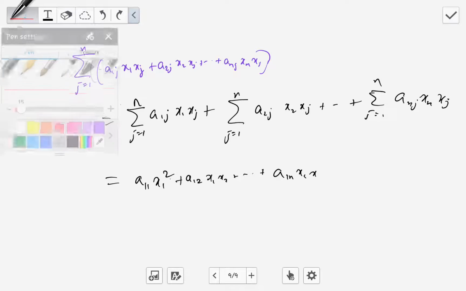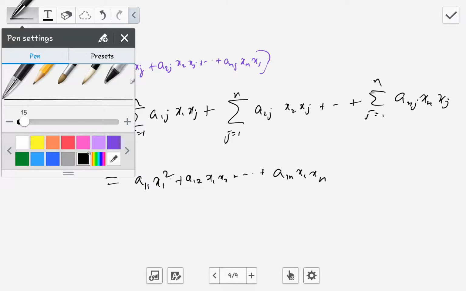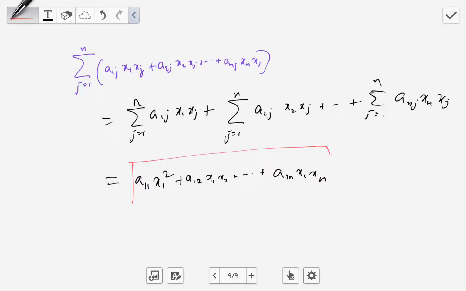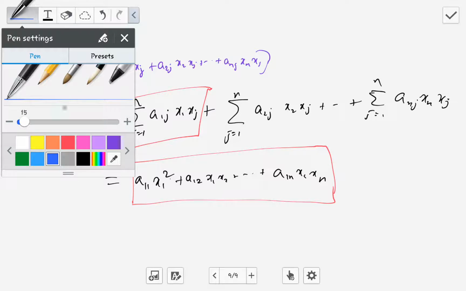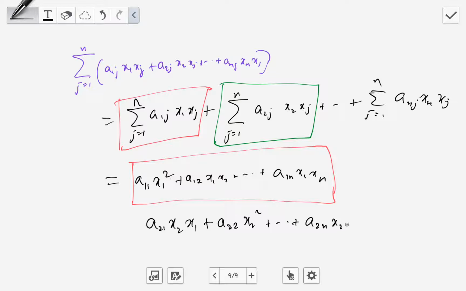So the first one is this. Then say you have the second one, which is this. So that will be a21 x2 x1, fine, plus a22 x2 squared plus so on up to a2n x2 xn.